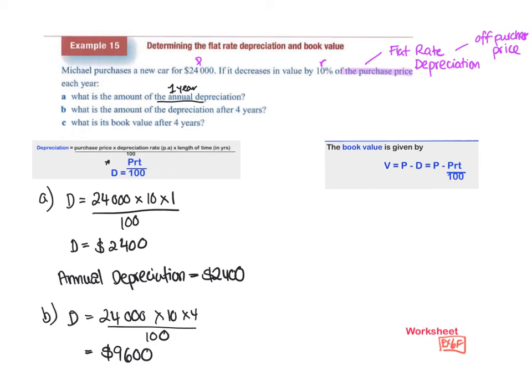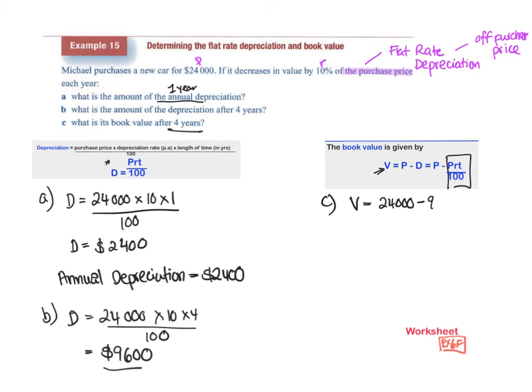Okay, so then when it says what is the book value, we can just use this formula up here. They're giving the letter V for value. Now it says after 4 years. So value equals the principal, which was 24,000, minus the depreciation, which we've already worked out for the 4 years.